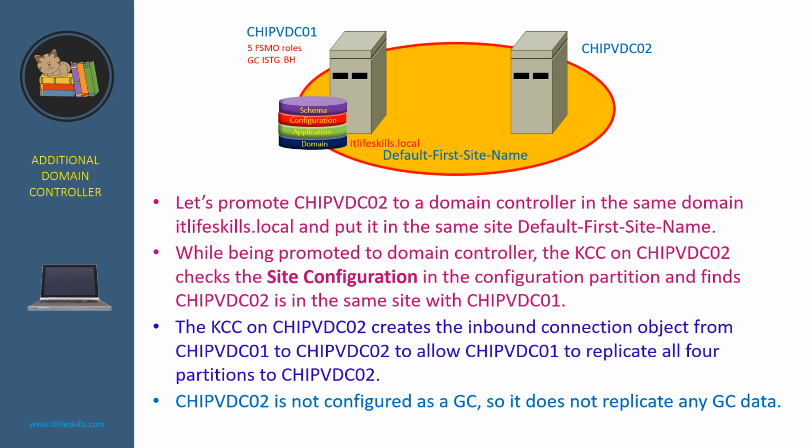The KCC on CPVDC02 creates the inbound connection object from CPVDC01 to CPVDC02 to allow CPVDC01 to replicate all 4 partitions to CPVDC02.